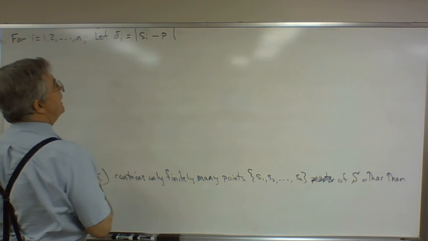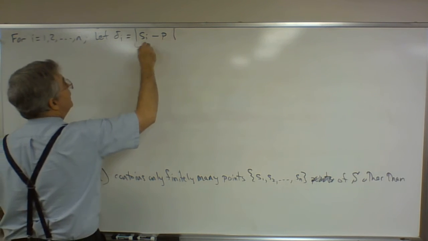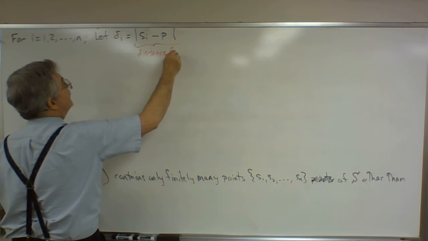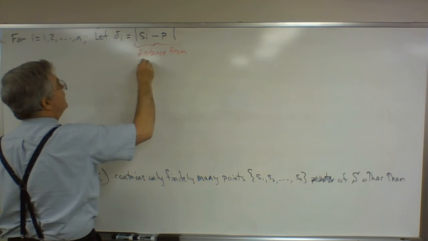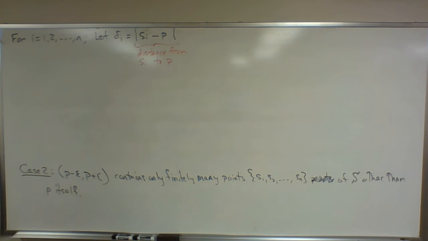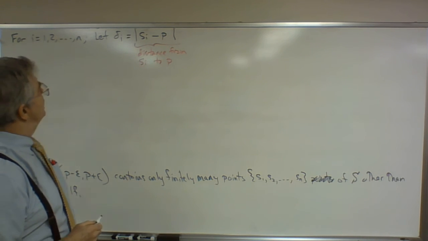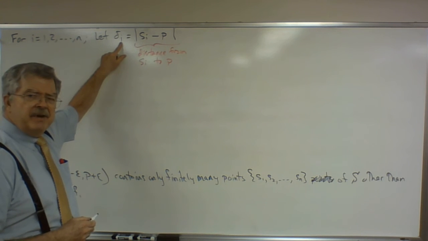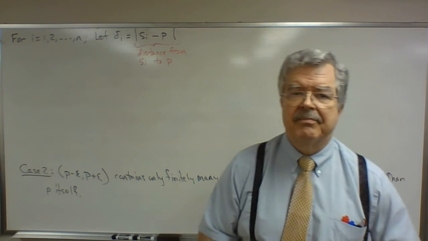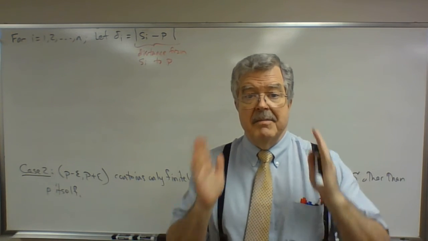Absolute value of S sub i minus P. This is the distance from S sub i to P. And now, let's see, how many of these do we have? We have n of them. Finitely many.